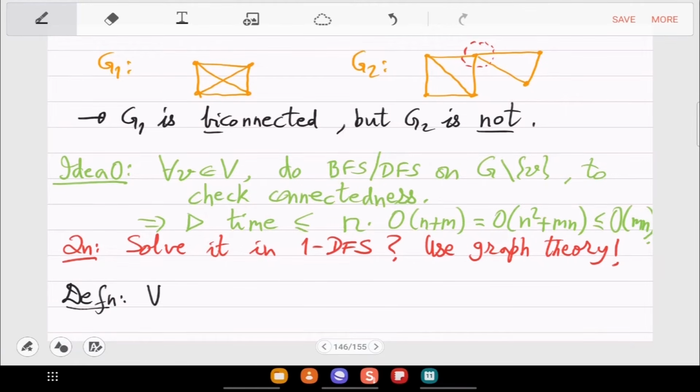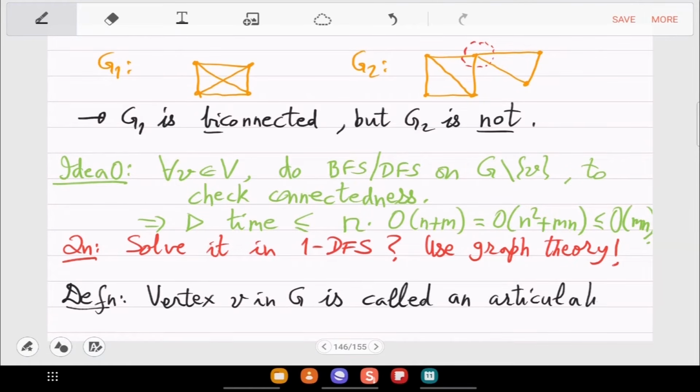So vertex V in G is called an articulation point if G minus V is disconnected.